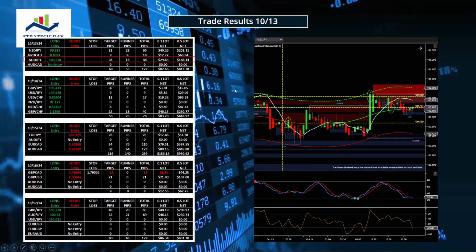And then on the same day we had the Aussie yen trade right over here, where we were taking a look at a pullback very close to the time we got in. Looked like for this long we were immediately going to turn right around, and actually it wobbled a little bit, but then we had a nice run straight up here, hit our target, and then took our runner off right after this candle closed, just as it crossed the linear regression moving average.